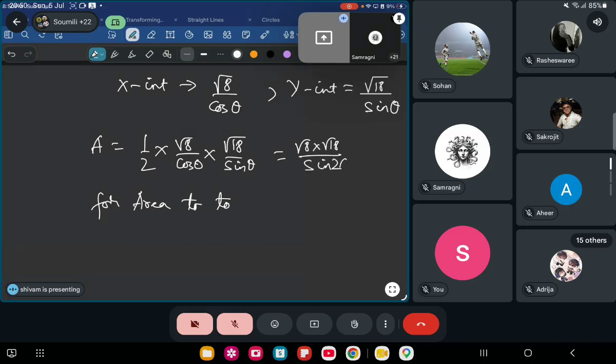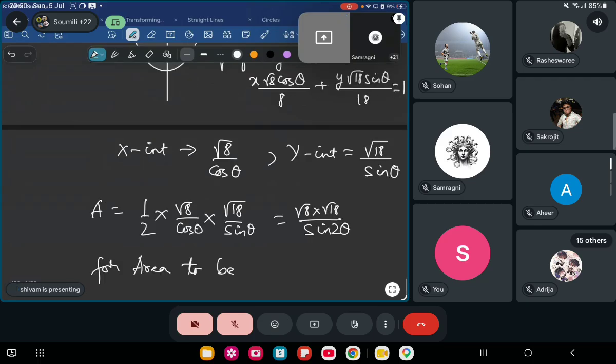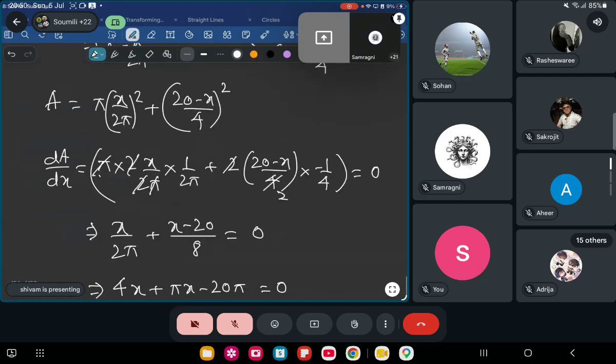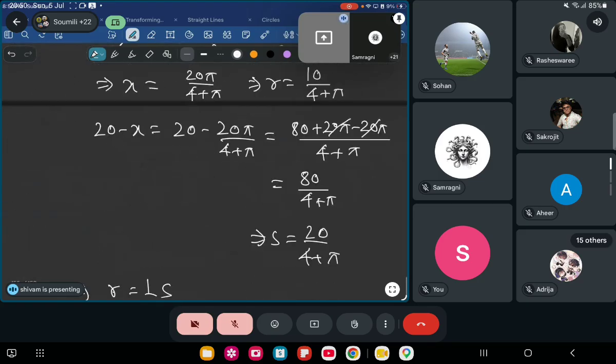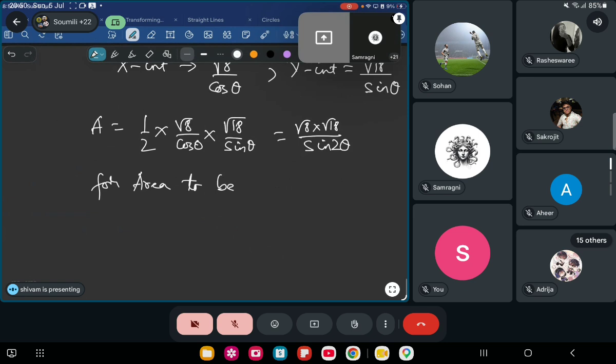Since minimum area is given, for area to be minimum, sin 2 theta should be maximum, equal to 1. So theta is equal to pi by 4.